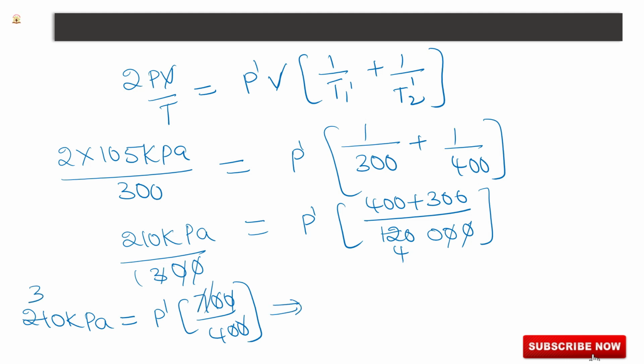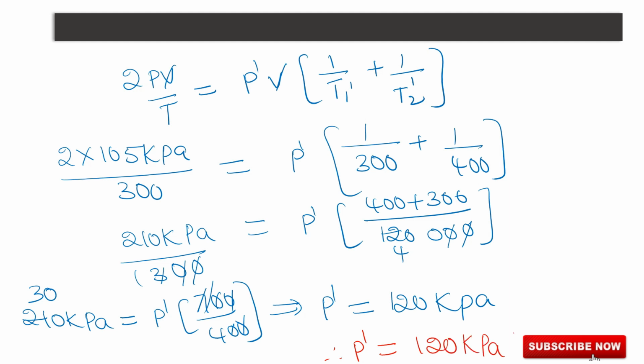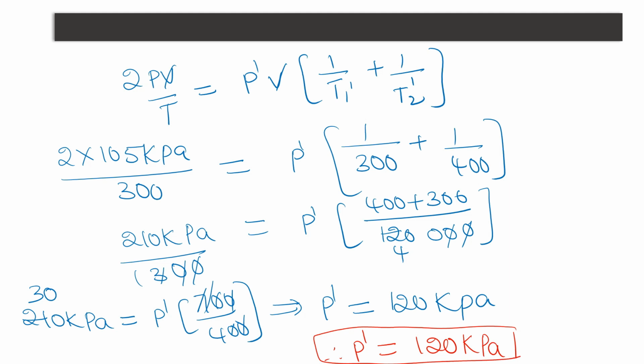So that implies P dash is equal to, taking cross multiplication, 7 3 is 21, 0. 4 into 30, 120. So P dash is equal to 120 kilopascals. Therefore, final pressure P dash is equal to 120 kilopascals. This is the final answer. Okay. Thanks for watching this video.